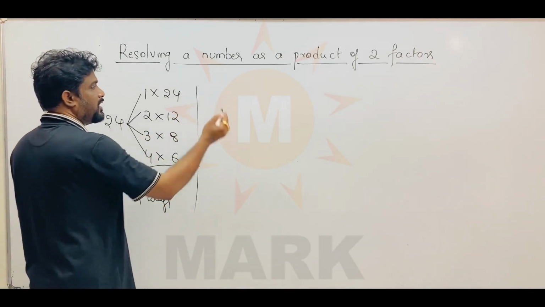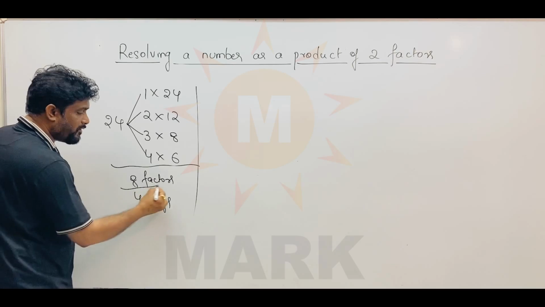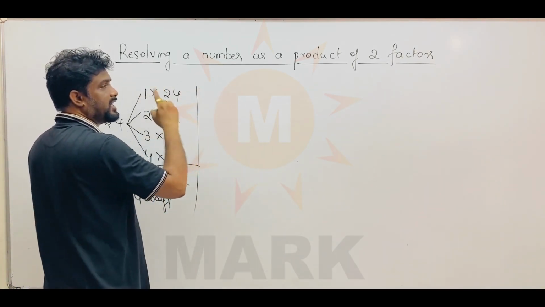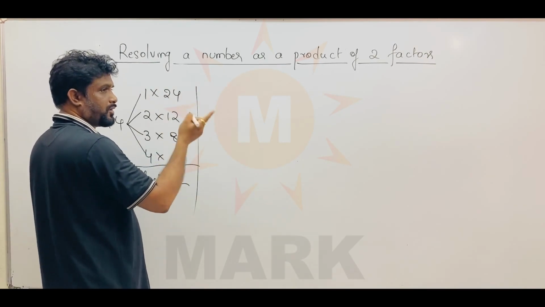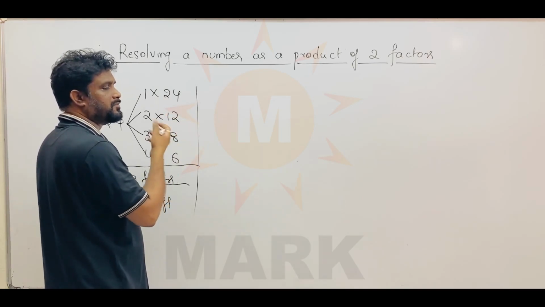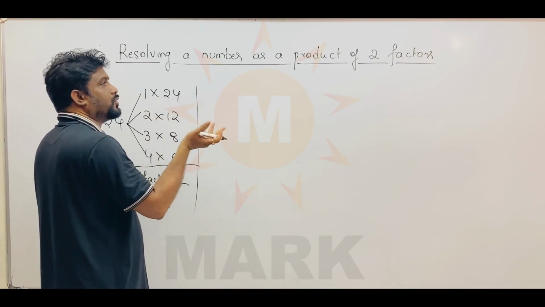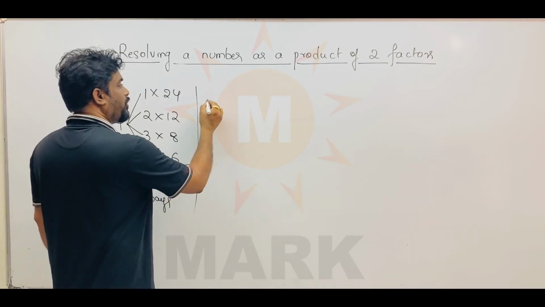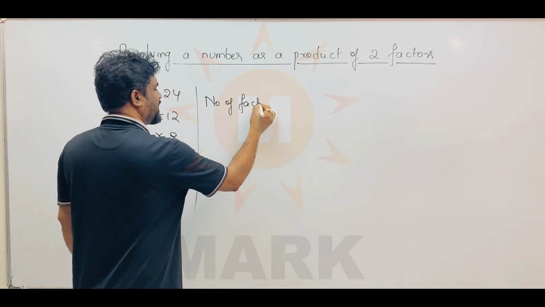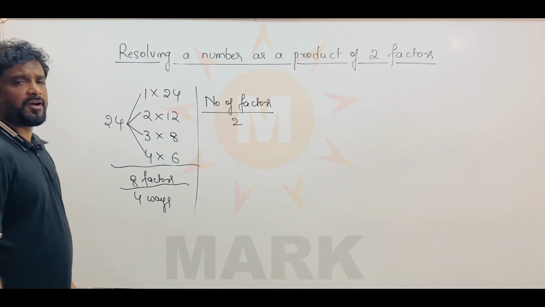So by looking at this data, I think we can create a formula by ourselves. What is that formula? The number of ways is half of the number of factors, right? So if you want to write any number as a product of two numbers, two factors, the formula will be like this: number of factors divided by 2.